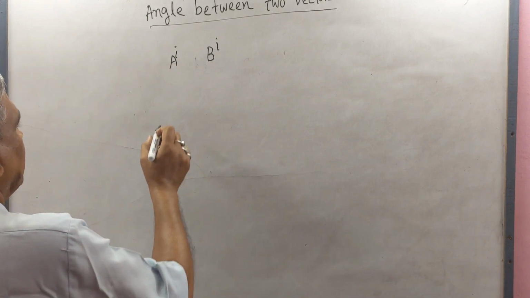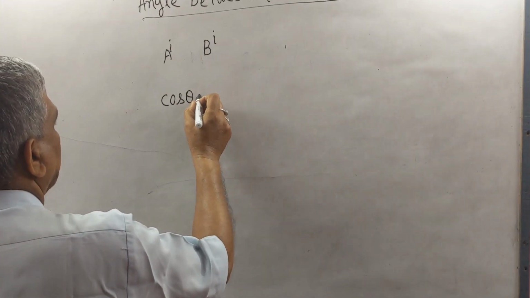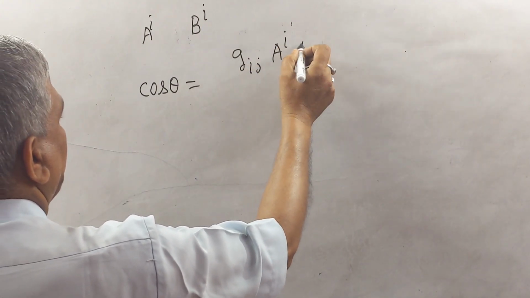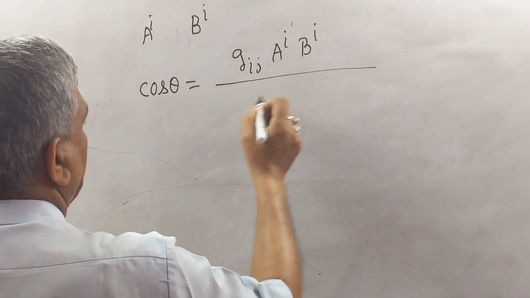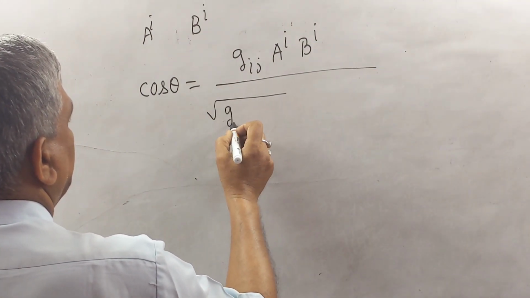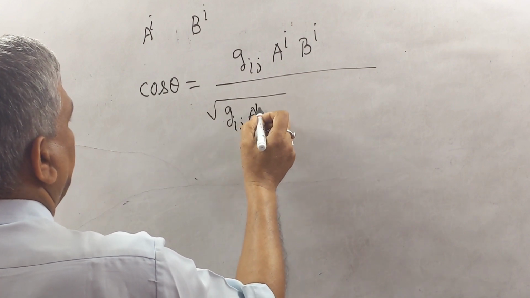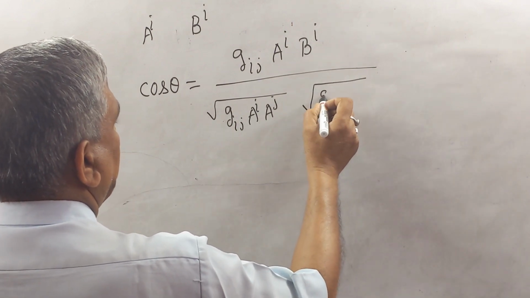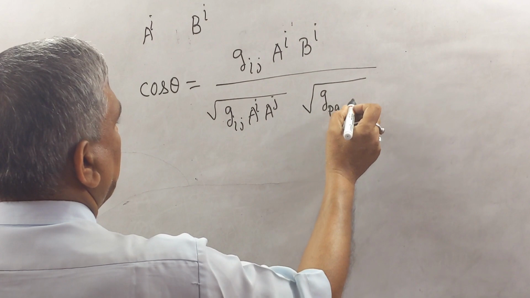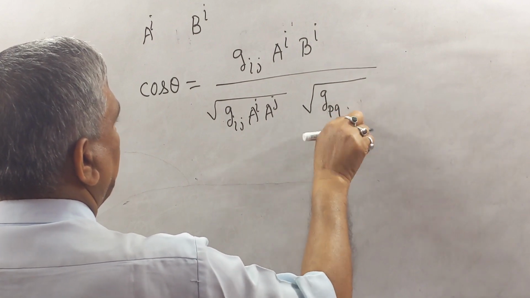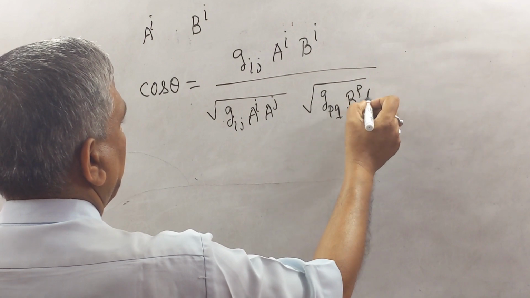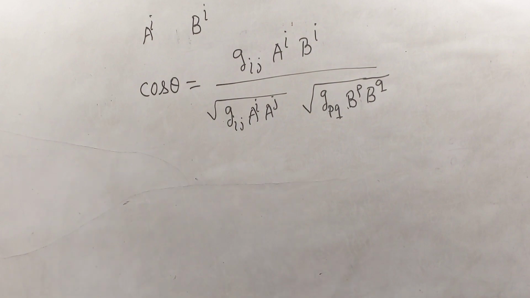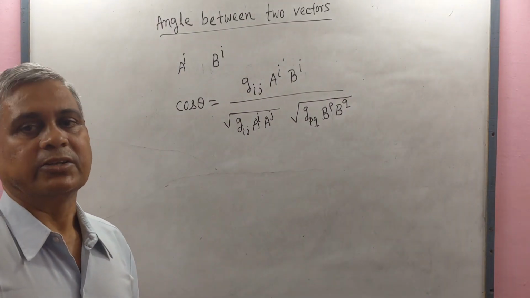Then we define cos theta equal to g_ij A^i B^j divided by the square root of g_ij A^i A^j times the square root of g_pq B^p B^q. This is the required expression for the angle between two vectors.